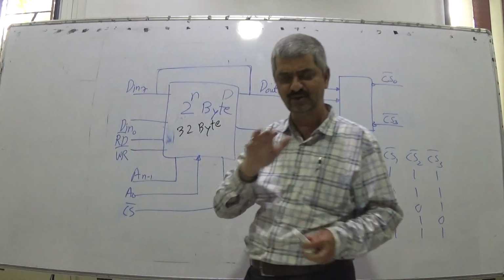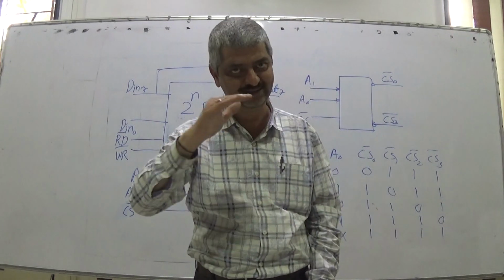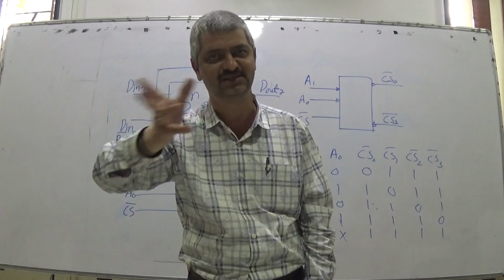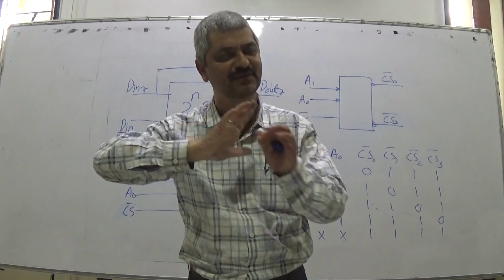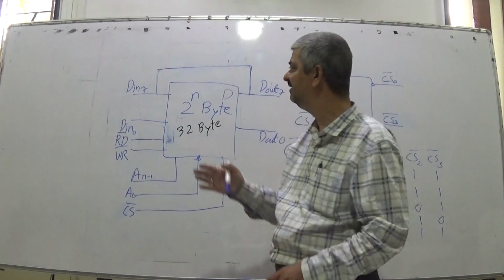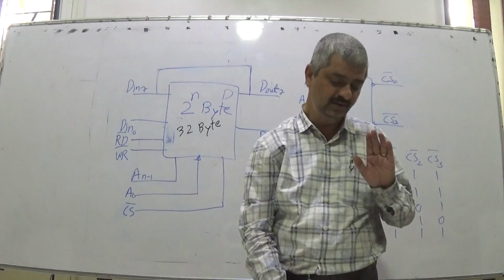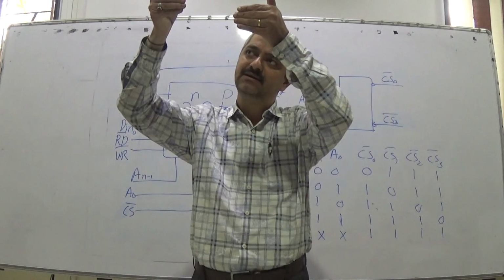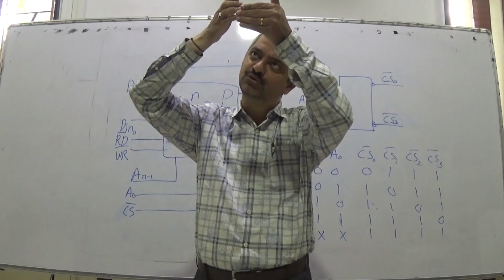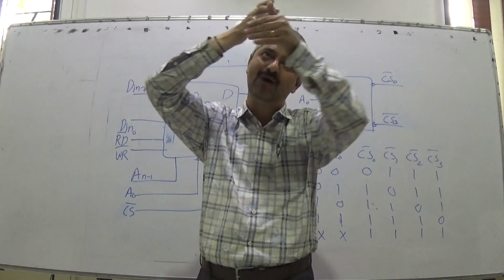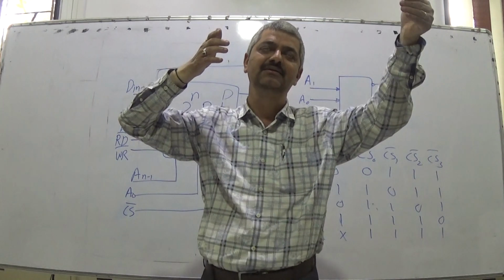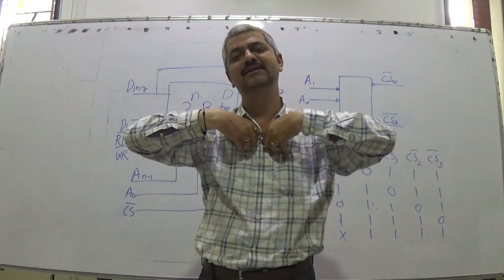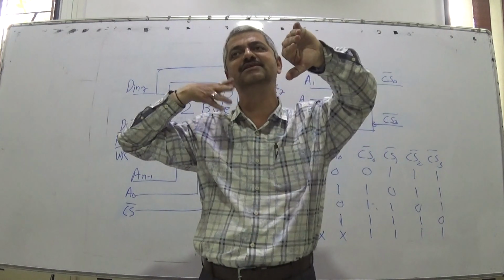So right now this is not an electronics engineering hardware design class, so that much problems of combining we need not discuss. So in general we can say that while writing, somebody is putting here, coming to these input pins, getting written. While reading, somebody is putting here, somebody is reading from here. Suppose if I want to read and write, then I should also have output lines, input lines.